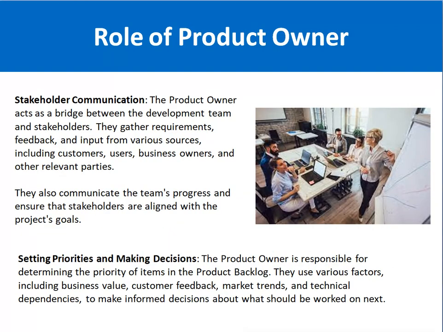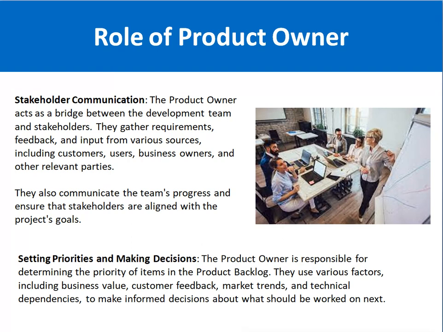Then the product owner has another role: communicating with different stakeholders. Especially, he is basically a bridge between the customer and stakeholders and the product development team. He basically gathers requirements, feedback, inputs from various sources including customers, users, business owners and other relevant parties, and communicates to the Scrum development team.